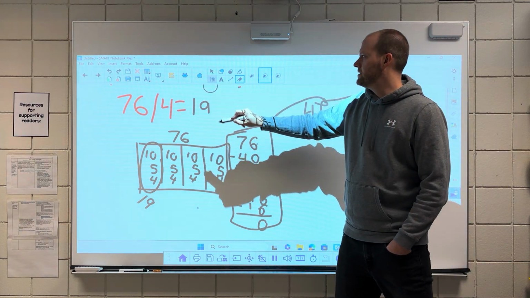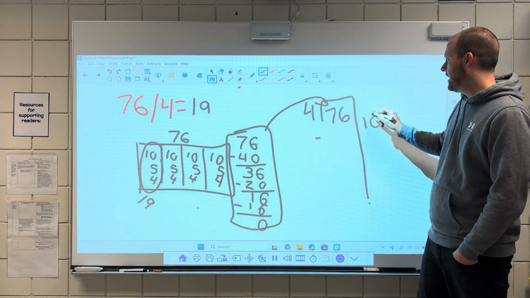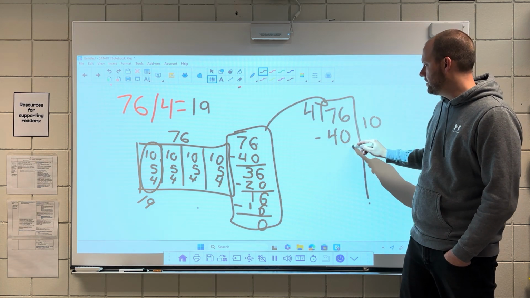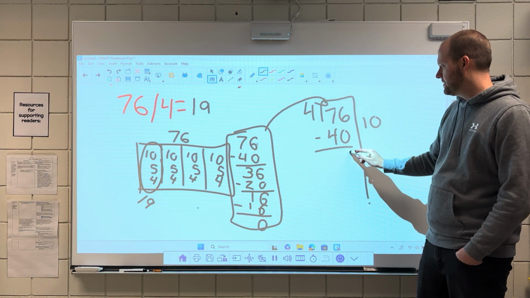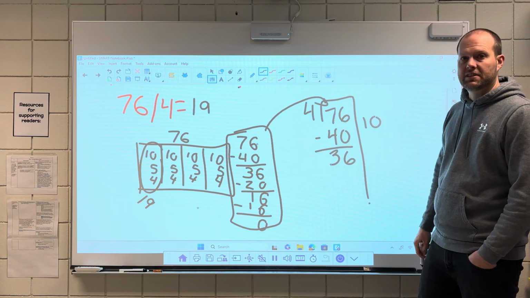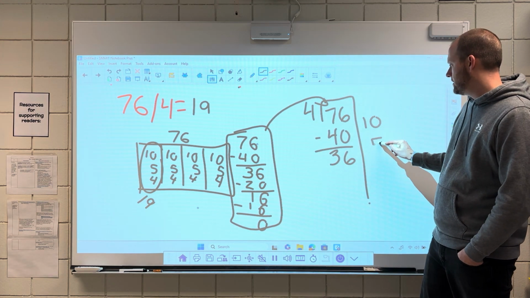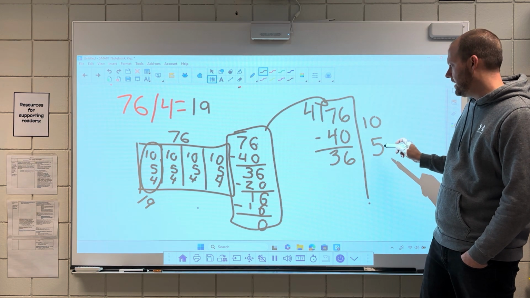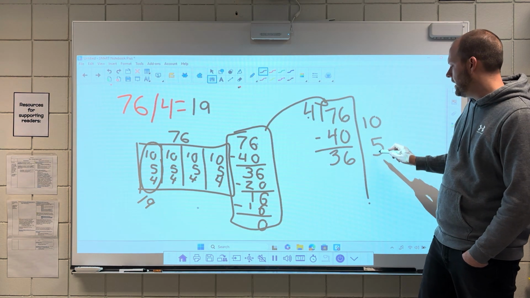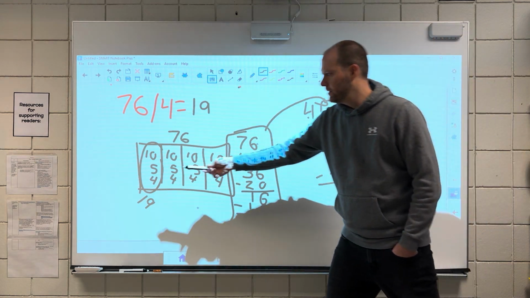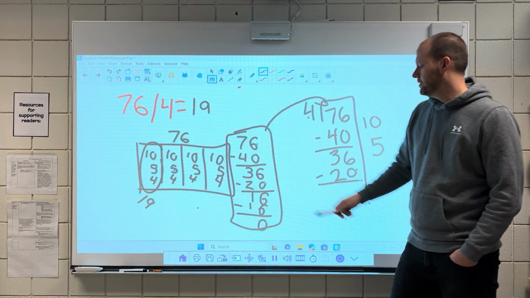All right, so let's say that I did choose to give everybody 10 to start. 10, 20, 30, 40, that was a total of $40. What do I have left? I have 36 left. On this problem, I gave everybody 5 next, so that would go over here on the side. 4 times 5 is 20. I know that because 5, 10, 15, 20, that would be a total of 20.